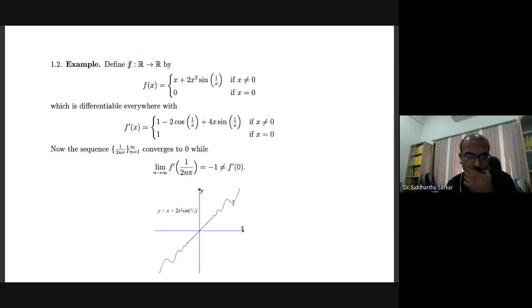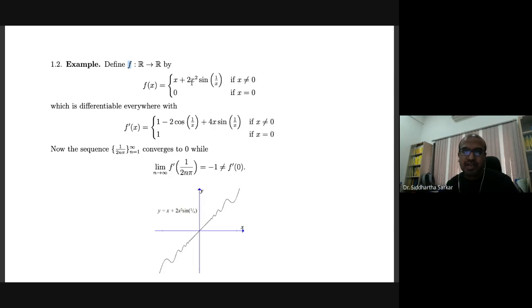So this is usually the trick, but there is a danger if I just use x sine 1 by x, because the moment you differentiate, it starts becoming sine 1 by x, because there is one component cos 1 by x which oscillates too much. Okay, so this is what I don't want. I want that part also to vanish.